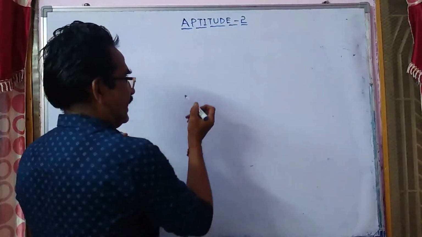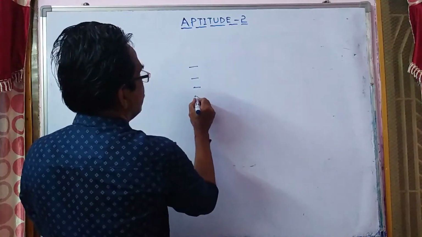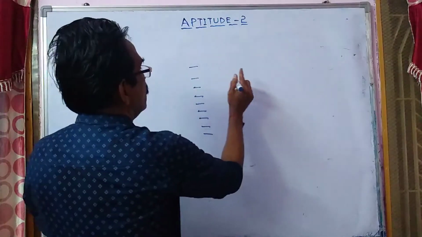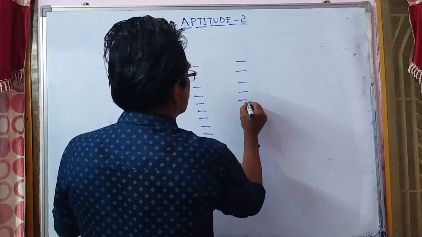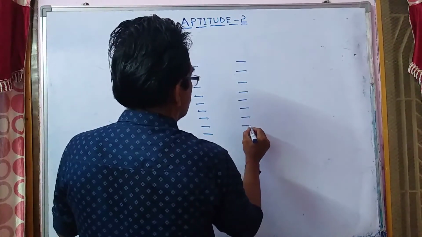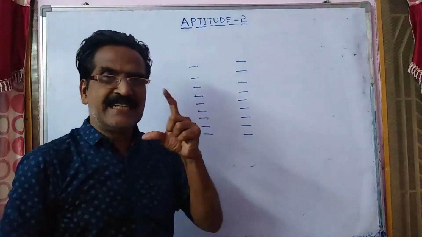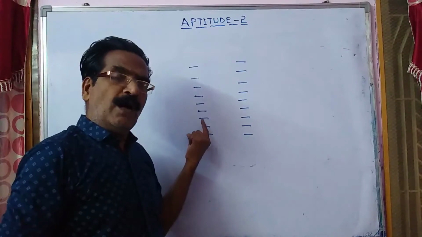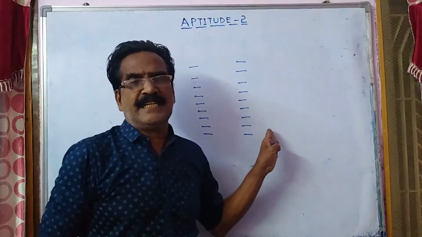Total 18 guests. This is a simple problem. Half of the guests, that is 9 guests, sit on one row on the left side, say this side, and 9 guests on this side.